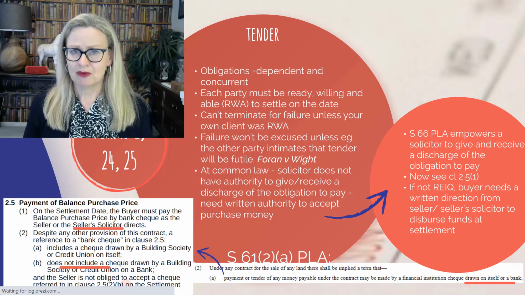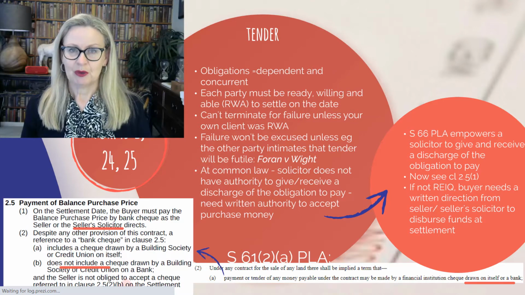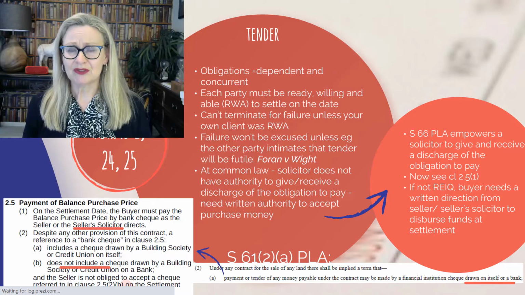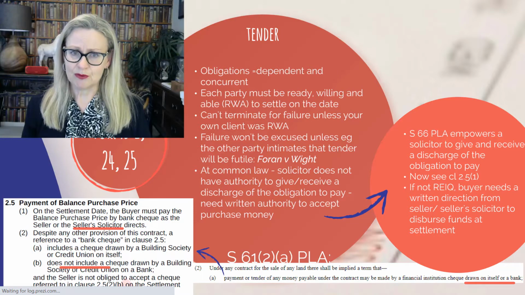And you might remember from your contract law days, we discussed the old case of Foran v Wight, where the seller was having trouble registering their right of way prior to the date of settlement. They let the purchasers know that they were having these difficulties. The purchasers didn't terminate right there and then for anticipatory breach. They let the settlement date go past and then they terminated.